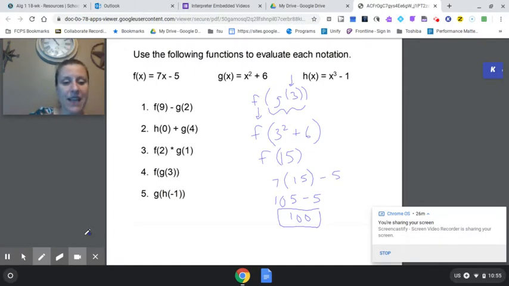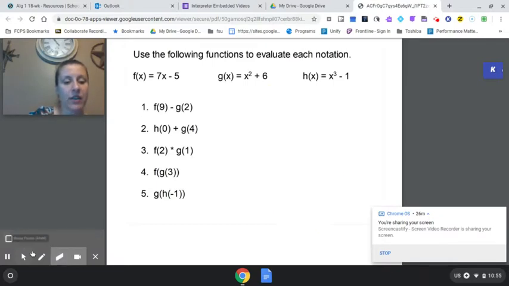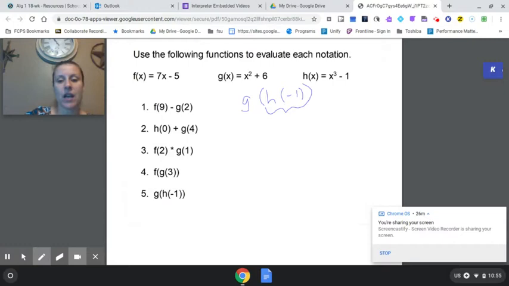Okay, last example on this particular slide is another composite function. Again, we're going to work from the inside out. So I'm going to write the whole thing, g of h of -1. But again, I'm evaluating the inside of that function first. So I need to find h's function when it has an input of -1.